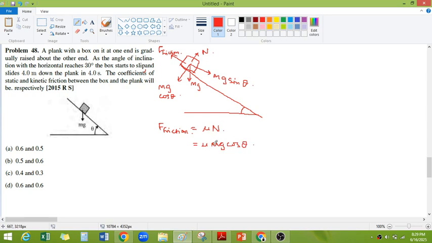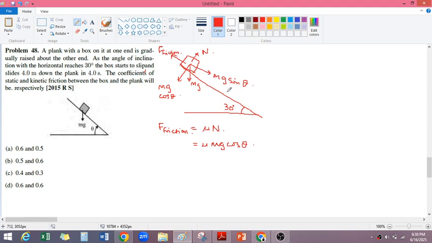So listen carefully. At this particular point, just close to 30 degree, it just starts sliding down. So that means just about this point, I can say that this and this should be equal. Only after that, this becomes more and this is a constant value and this is increased more than this and then it starts sliding.